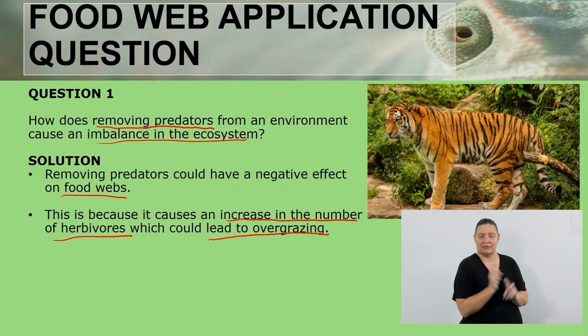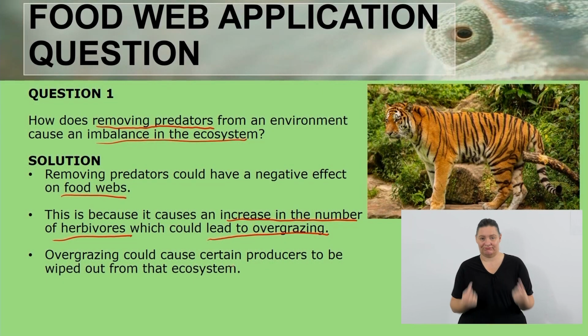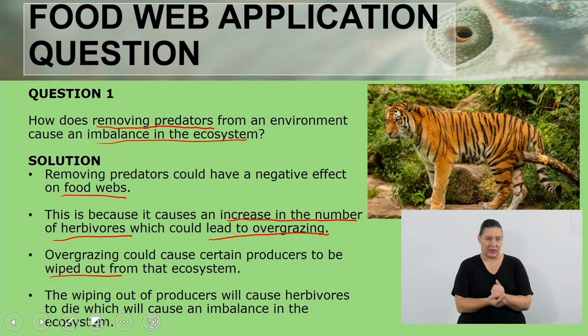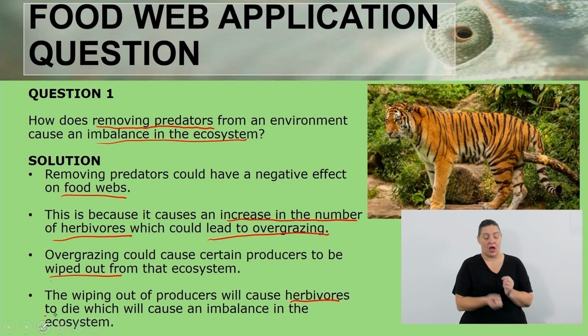If we are speaking of overgrazing, this is when grass is being exposed to a lot of animals that are eating it at the same time and not giving it enough time to regrow. That is overgrazing. So we end up not having certain producers. Overgrazing could cause certain producers to be wiped out from the ecosystem. The wiping out of these producers will cause herbivores to die.